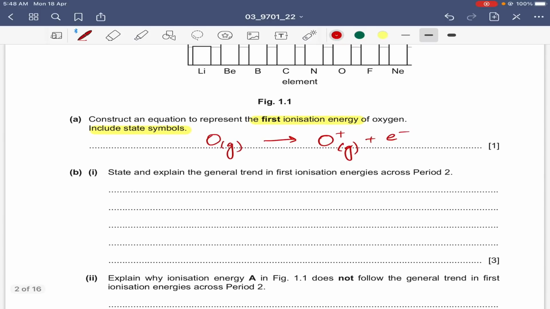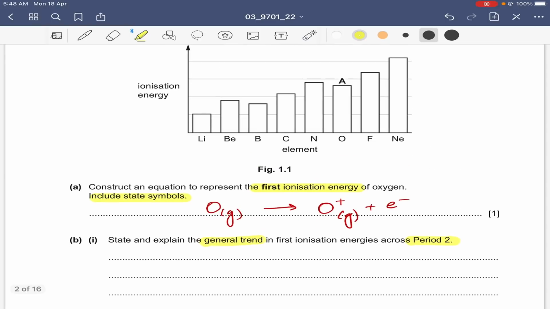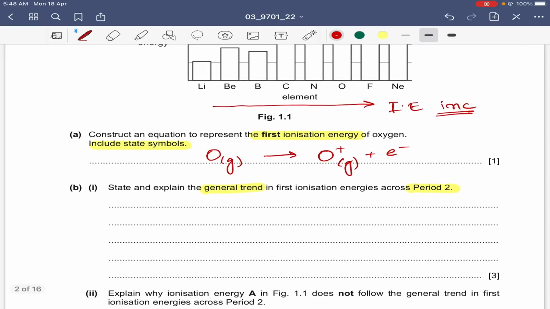Now the next question is, state and explain the general trend in first ionization energy across period 2. So across the period, ionization energy increases. As we move from left to right in the periodic table, the ionization energy increases. And the reason is, so let's just write the trend.